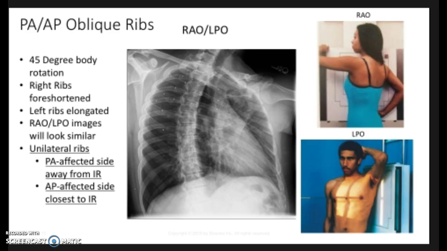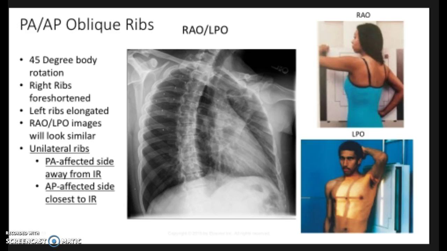So the oblique views of the ribs are a little bit confusing as far as when you're looking at them and determining. If you're looking at an image and doing an evaluation, you need to be able to determine, is it RAO or LAO, and is it RPO or LPO? So typically you're going to have the RAO and the LPO.